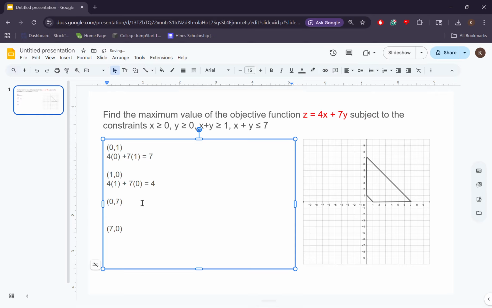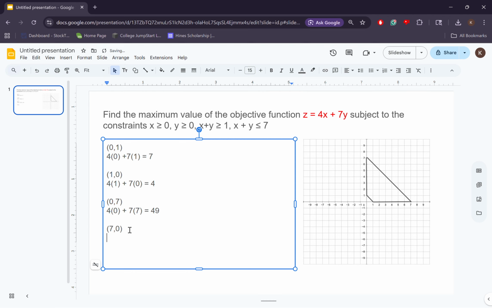This next problem is going to be 4 times 0 plus 7 times 7. 4 times 0 is 0 plus 7 times 7, which is 49. So 49 plus 0 will equal 49.